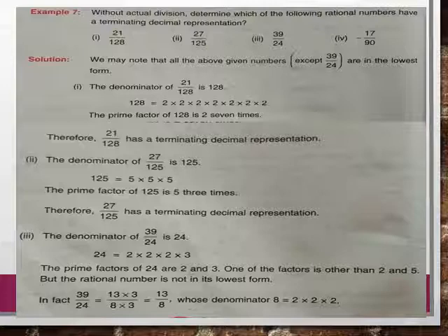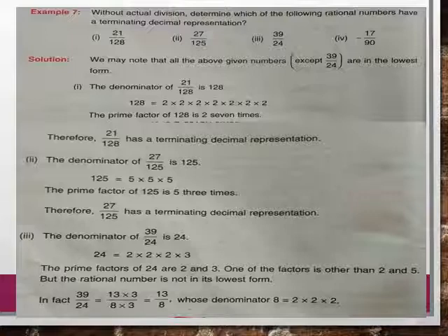First we will see the denominator 128. What are the factors of 128? It contains all 2's, and therefore, as we have seen in the previous slide, the decimal representation of 21 divided by 128 is a terminating decimal representation, means if you divide these two numbers we will get a terminating decimal.